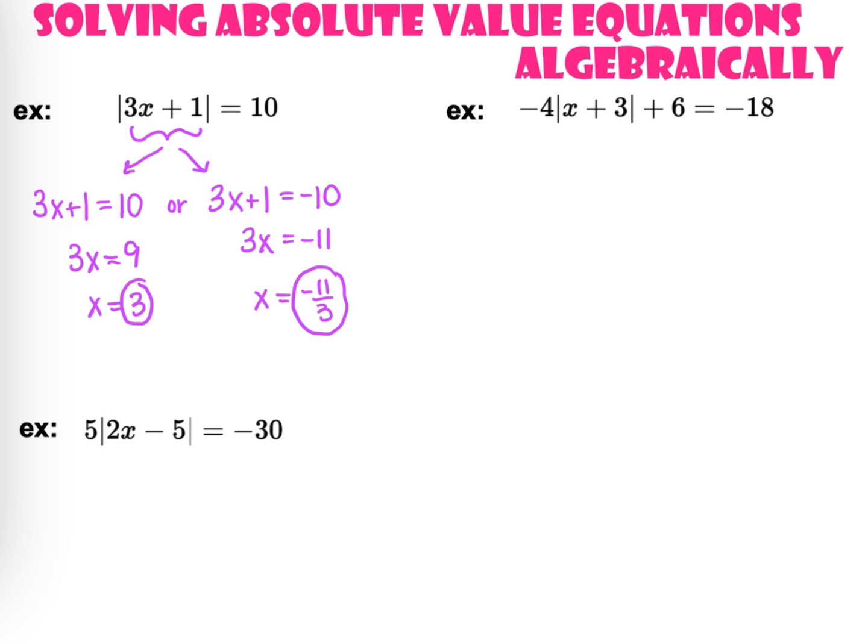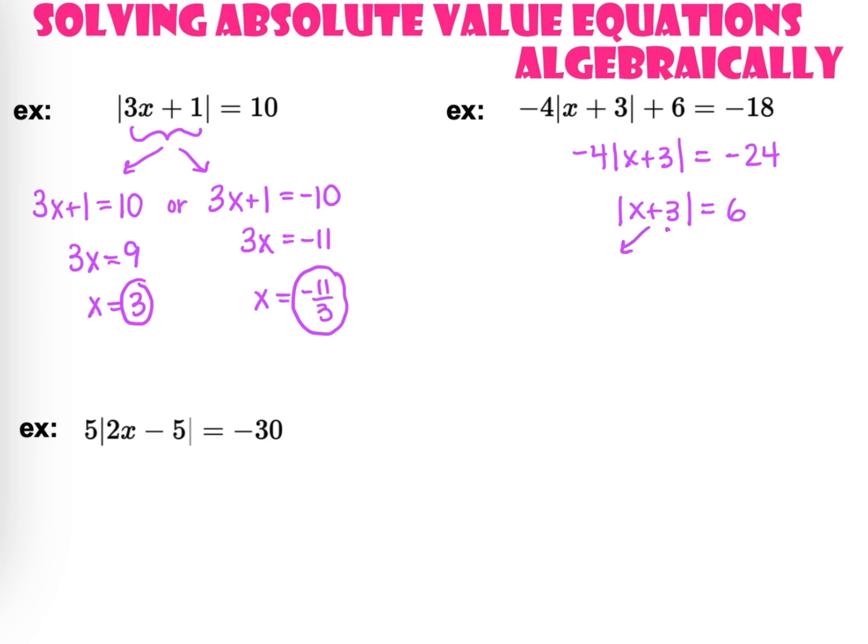The next example, you're going to want to get that absolute value stuff by itself. It's called isolating the absolute value. So I want to get rid of that 6 and that -4 before I do the split. So I subtract the 6, divide by -4, and now the absolute value is by itself.